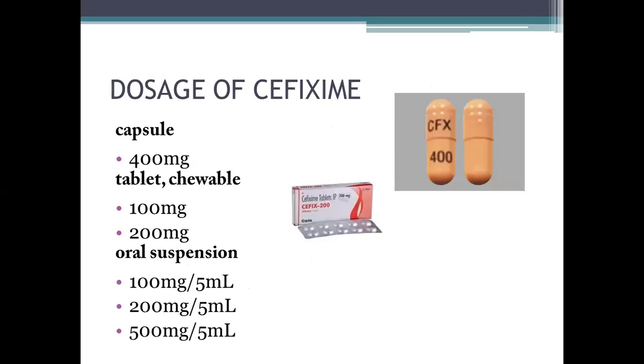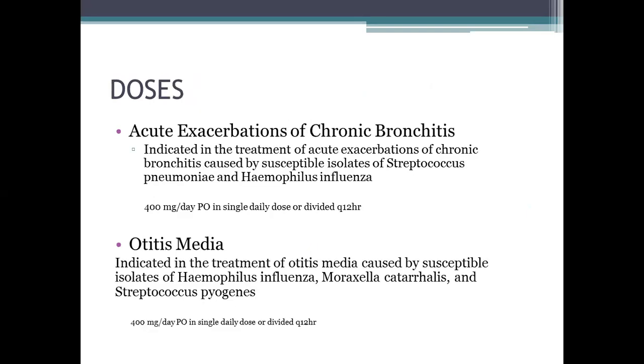Dosage of cefixime. Cefixime is commonly available in 3 dosage forms: capsule, tablet, and oral suspension. When cefixime is prescribed for the treatment of chronic bronchitis, which is caused by Streptococcus pneumoniae or Haemophilus influenzae, it is given in 400 mg per day orally in a single daily dose or divided every 12 hours.